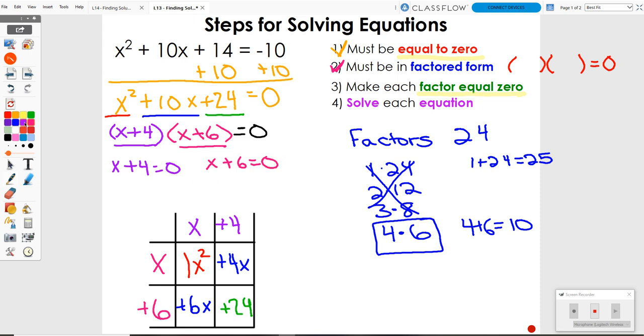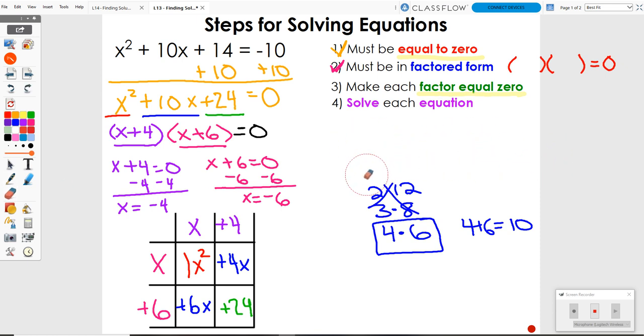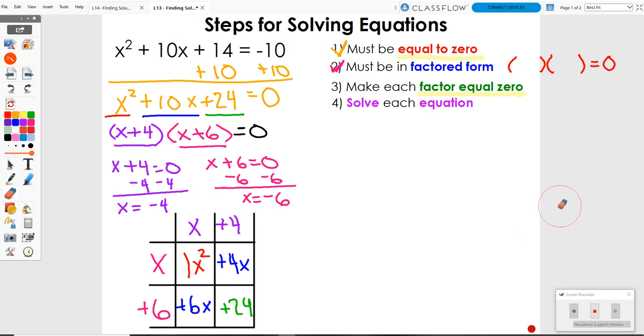And to solve it, I'm going to do the opposite of what I see in this problem. And I'm going to say, okay, x equals negative 4. And then I'm going to do the same thing over here. X equals negative 6. So what we're saying is our solutions are either going to be negative 4 or negative 6.